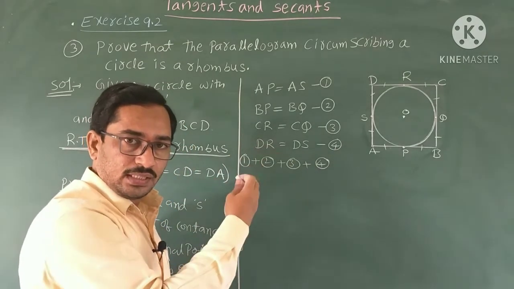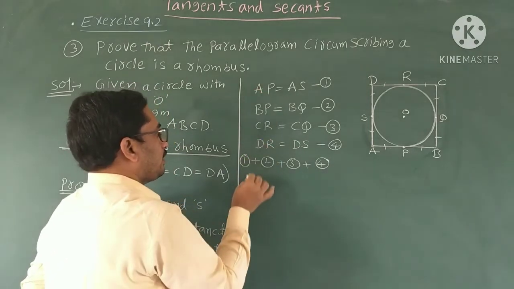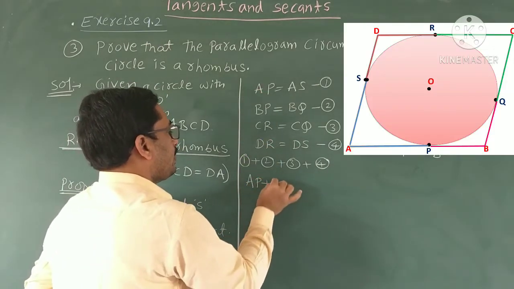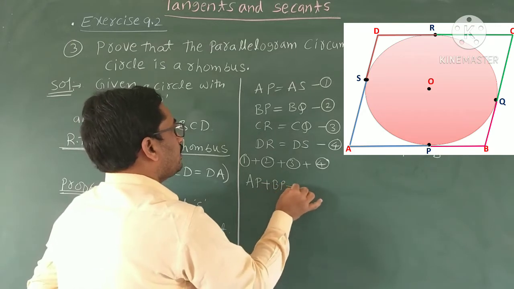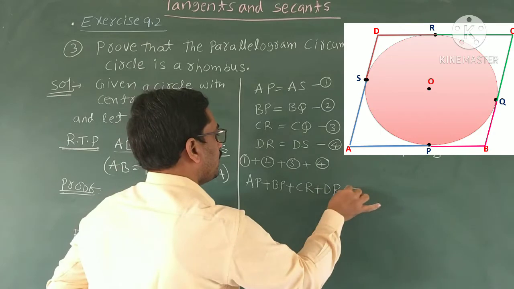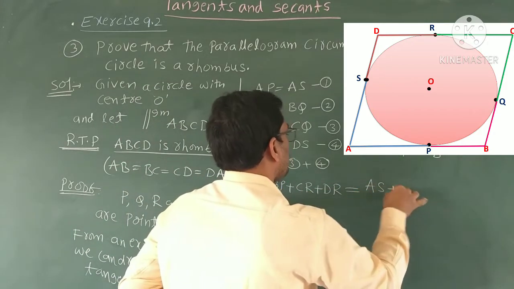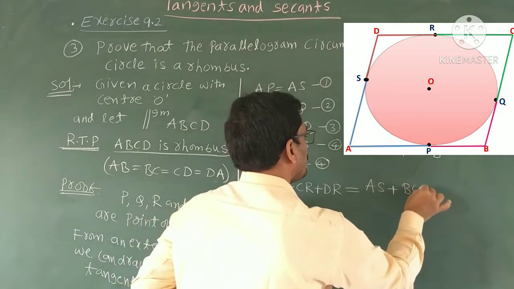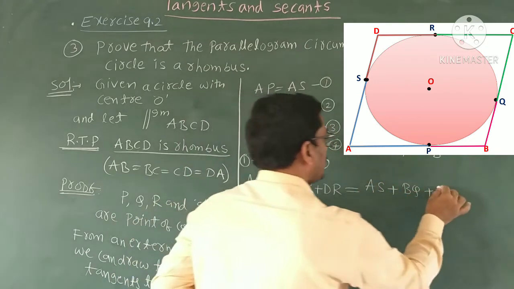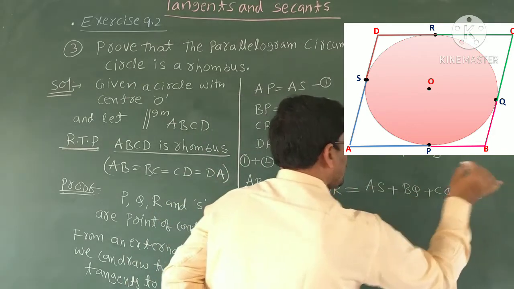Add left side quantities separately and right side quantities separately. First add the left side: AP plus BP plus CR plus DR equal to the right side AS plus BQ plus CQ plus DS.